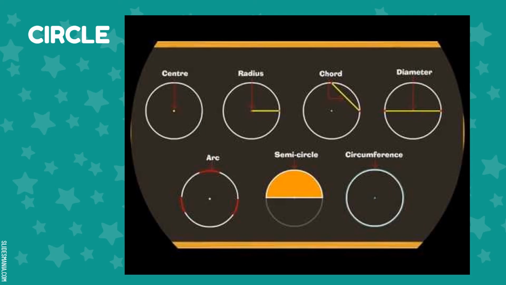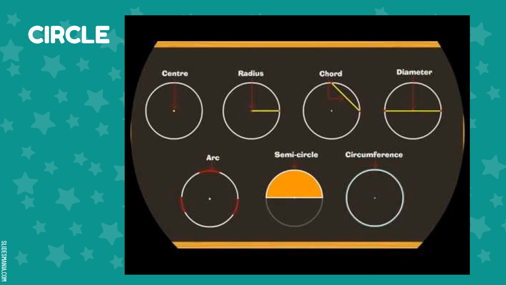So children, it's time to recapitulate, and let's quickly close our eyes and think what all we have learned in this video. Did you learn what is a circle? And then I taught you what is the center of a circle. And we also learned radius. And what is the plural of radius? Yes, radii. Then we also learned what is a chord of a circle and a diameter.